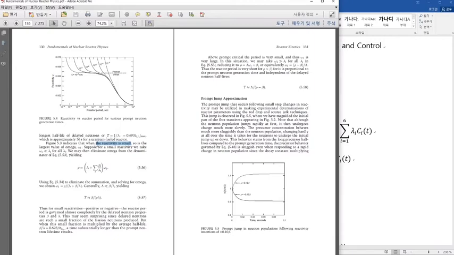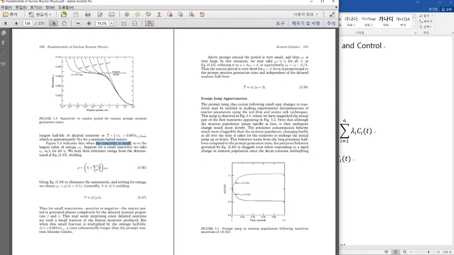And when the reactivity is very small, this is the area where the reactivity is very small. In this case, we are able to do some approximation.